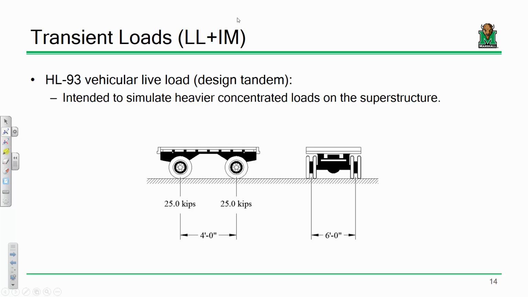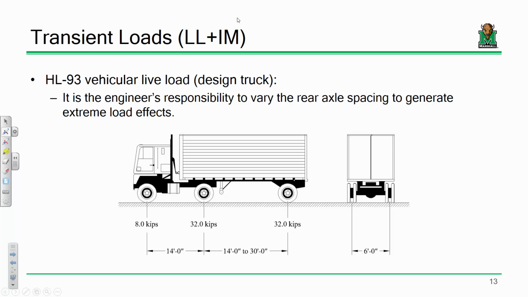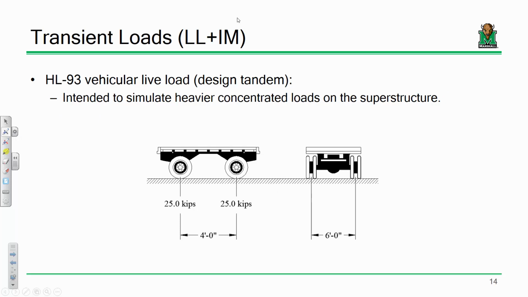Now this has a heavier concentrated effect closer together, 50 kips only over a distance of 4 feet. So per foot, this has got a heavier force effect, but this is more load. This is 50 kips, this is 72. So you end up just having to run both, and then on a case-by-case basis, whichever one gives you the worst-case scenario is the one that you run. Does that make sense? Any questions on that?